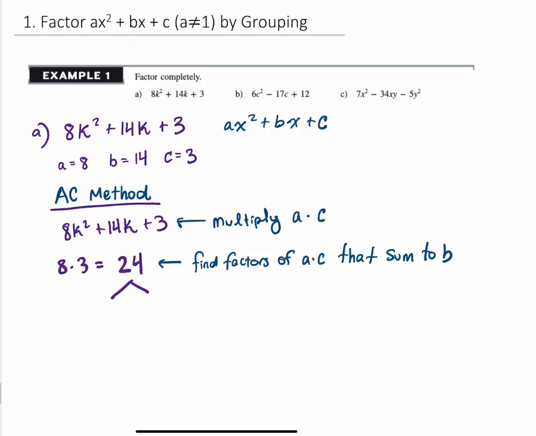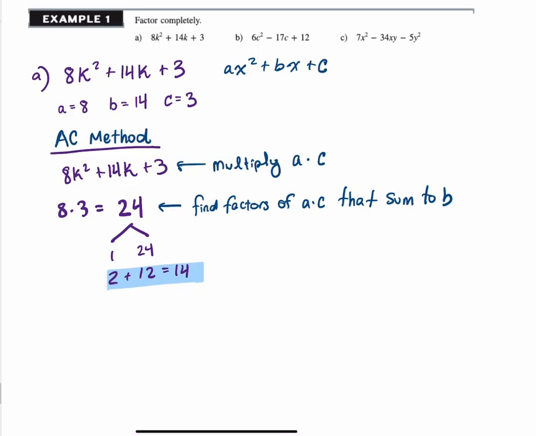So let's think, factors of 24 that add up to 14. Well, 1 and 24 definitely won't work. 2 and 12, 12 plus 2 is 14. So those are the two numbers that we're looking for.